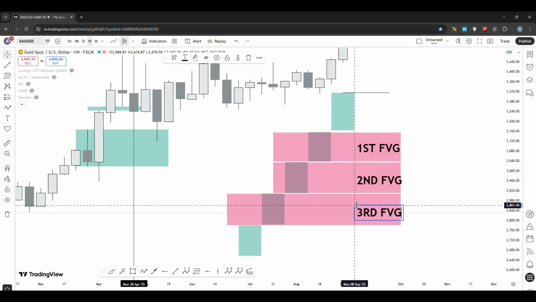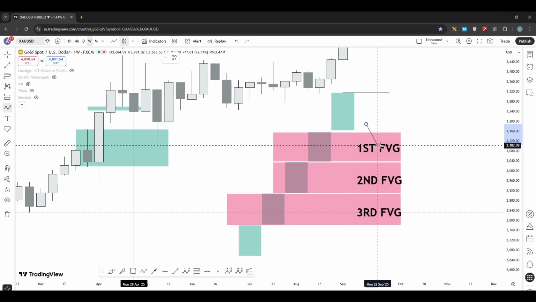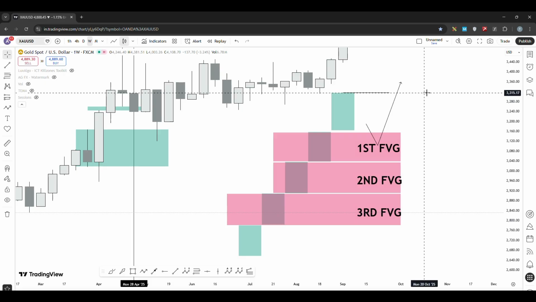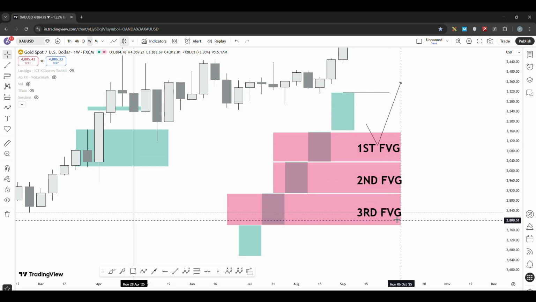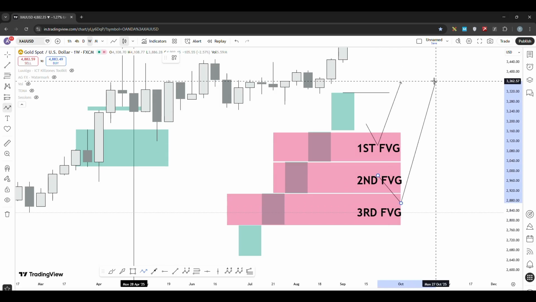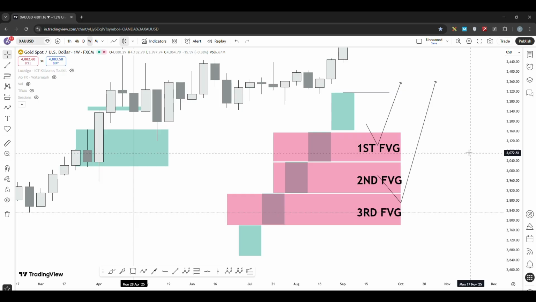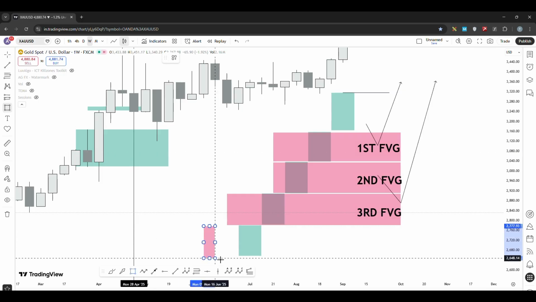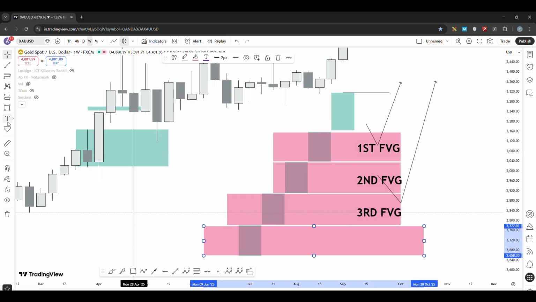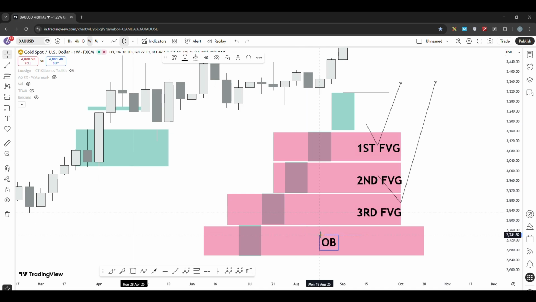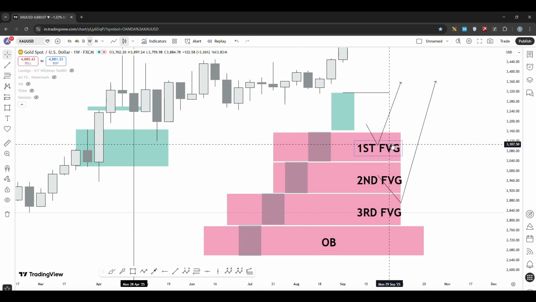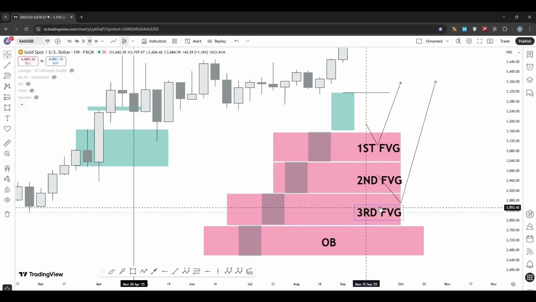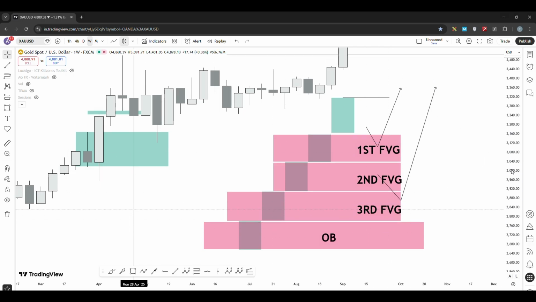That means when you see multiple fair value gaps, either price will react from the first one and continue the momentum, or if it wants to give a deep pullback, in that case we will focus on the last fair value gap, which will be the third one, and from here price will continue. Okay, so in this case, this is going to be our order block candle. Okay, so keep this in mind. When you see multiple fair value gaps, the first and the last one, they will be the ones to focus.